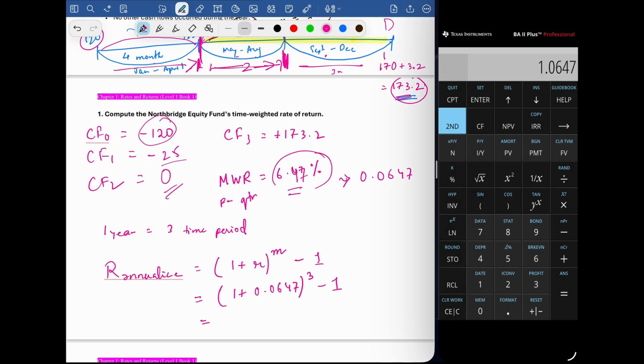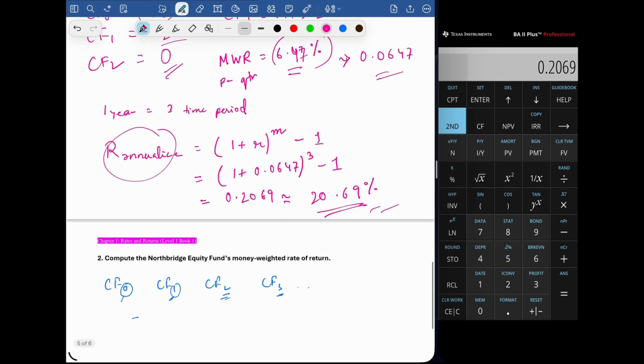So the value is 20.69%. So the money weighted return as annual return is 20.69%, whereas per 4 months it is 6.47%. I hope you get the point.